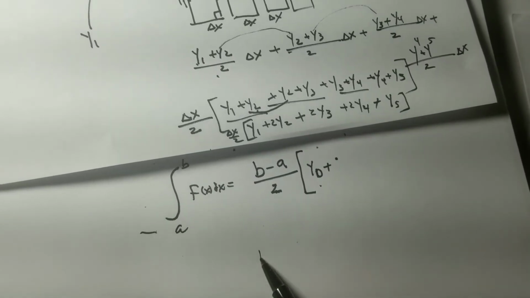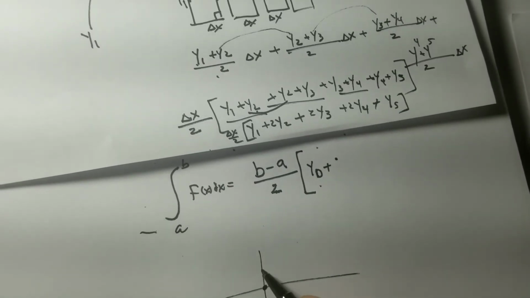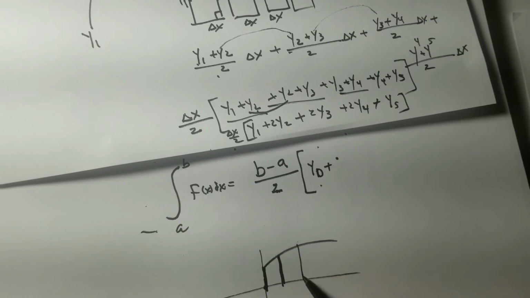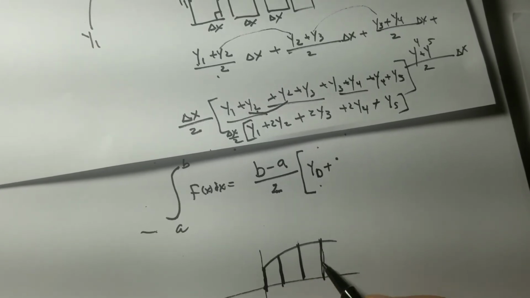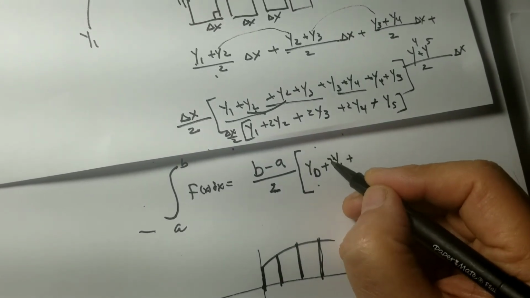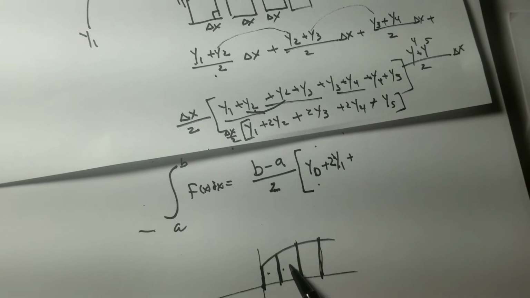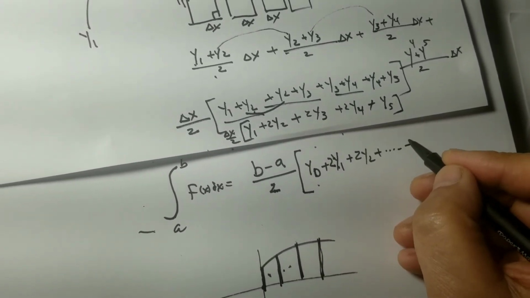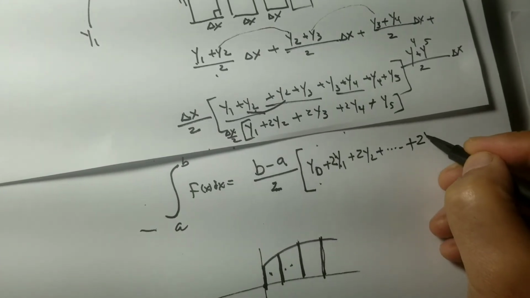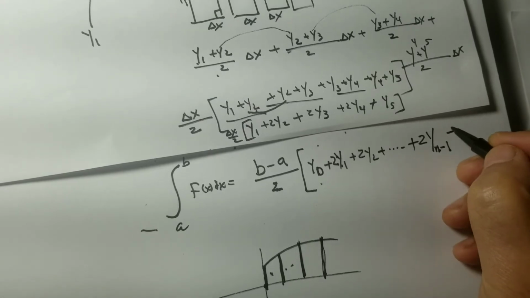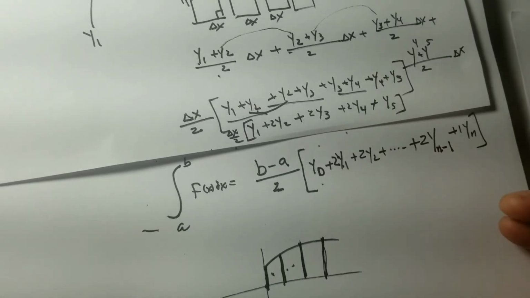When the graph is started from 0, this is called the y at x equal to 0, the y at x equal to 0.5, the y at x equal to 1, the y at x equal to 1.5. y1 counts twice, two of them, plus dot, dot, dot, plus 2 times y n minus 1, that's 1 before the last, 1 at the end.